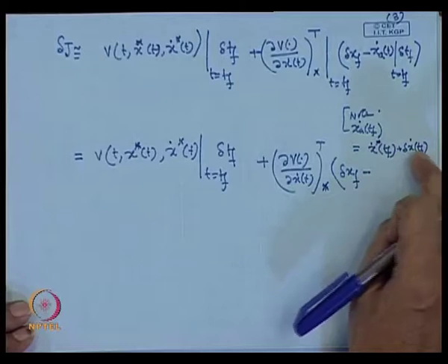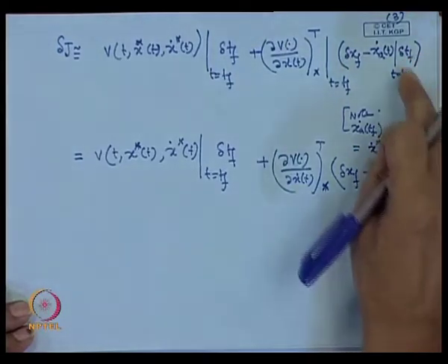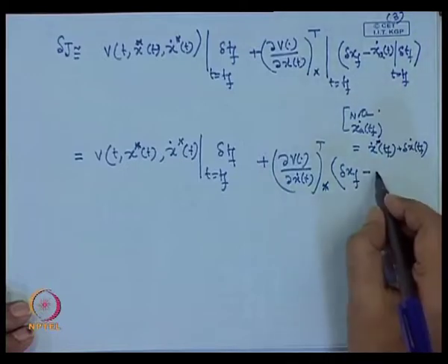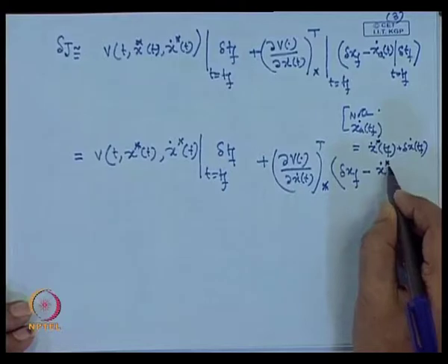So this term, delta x dot(T_f) multiplied by delta T_f, is neglected, and we are left with x dot star(T_f).